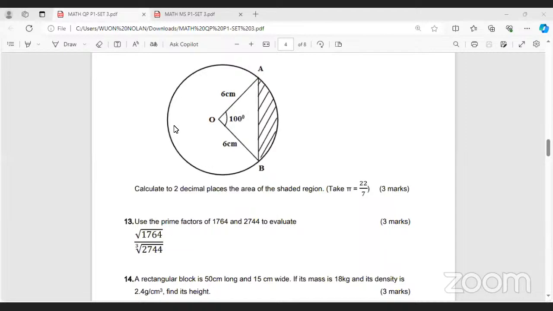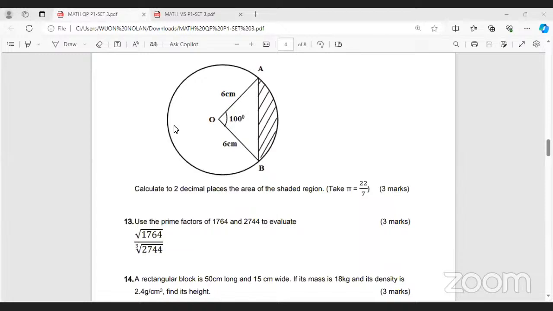So we'll have 100 over 360 times 22 over 7 times r, which is 6, squared. That should give us 31 and 3 over 7, which is 31.42857. Continuing, but you don't round off at that point, we'll round off the final answer.